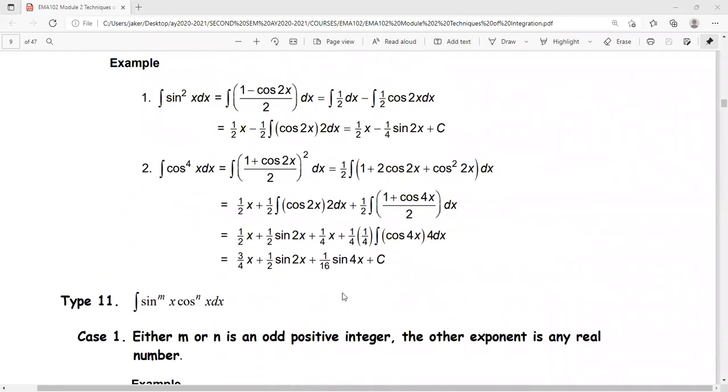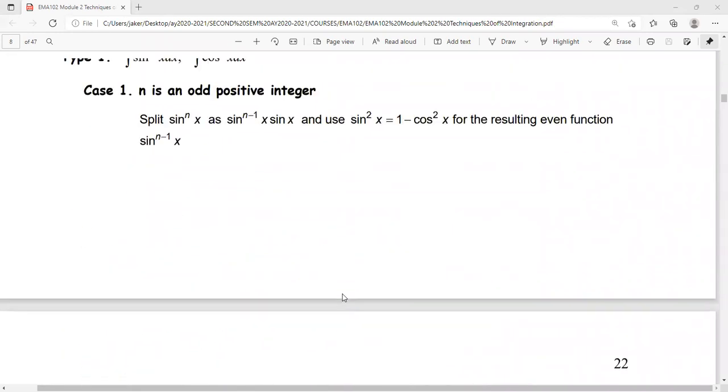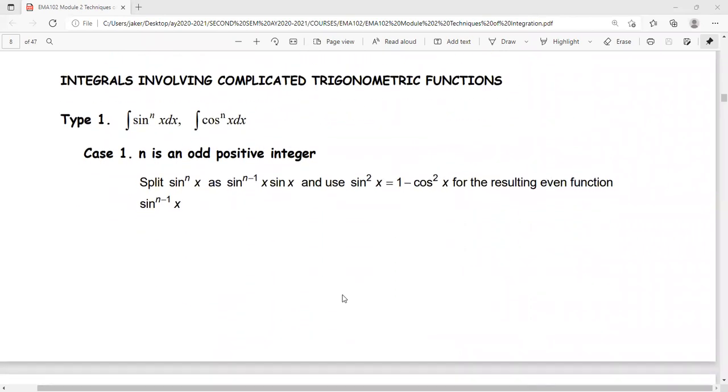Again, I will emphasize that you will find this topic in books labeled as trigonometric transformation.